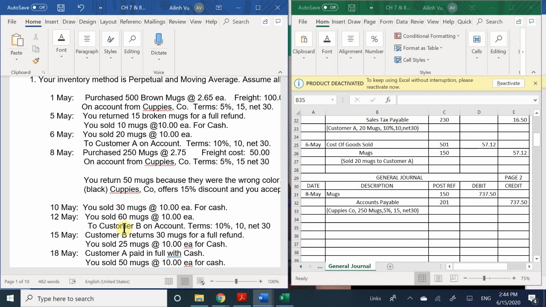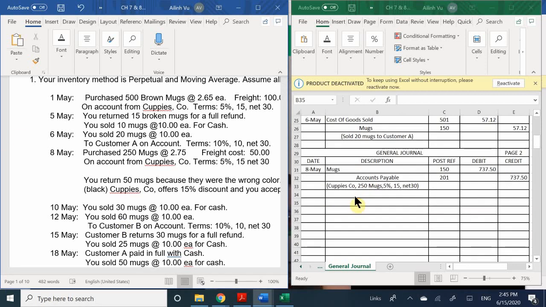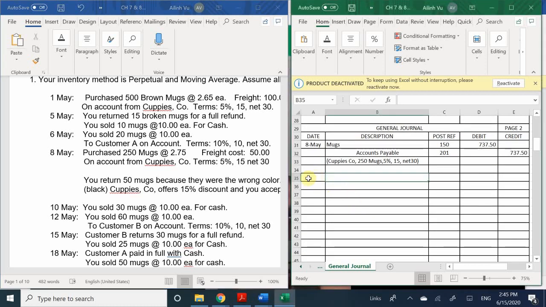Okay. So what are you attempting to do? Return for discount. Okay. Discounts and allowances. We don't have a discounts and allowances. No, we tried to return, but we got a 15% discount instead.